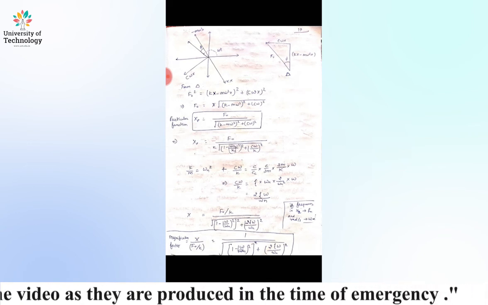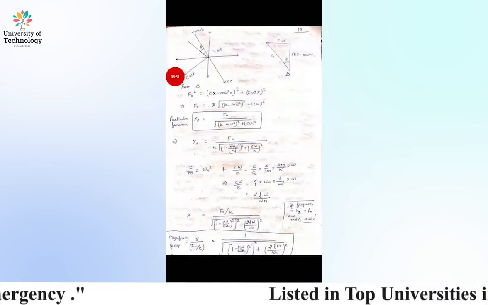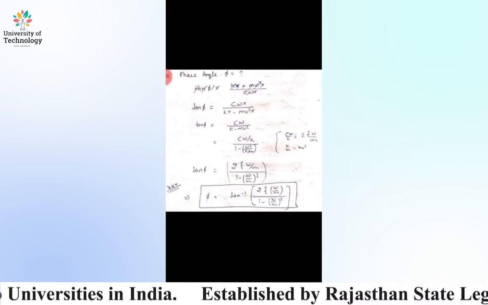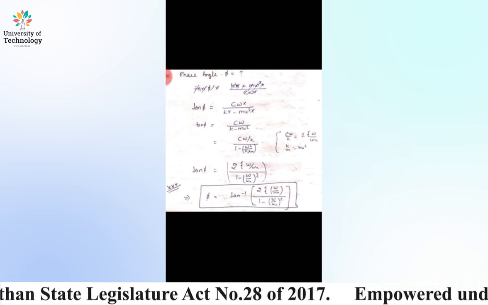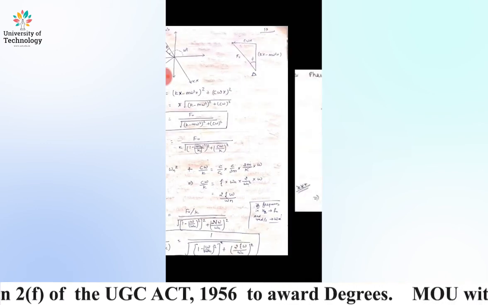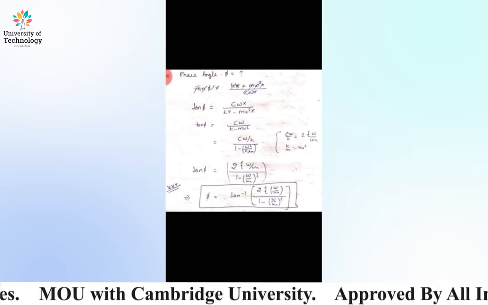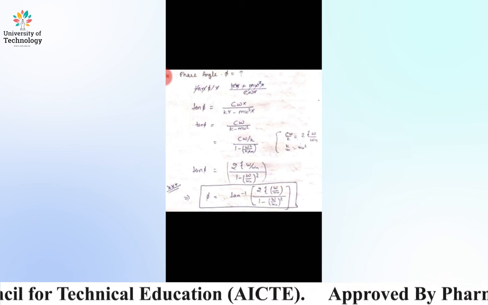Now we find out the phase angle, that is given by phi. We know that from the triangle, tan phi is equal to, you can see in the diagram, c omega X divided by kX minus m omega square X, that is tan phi is equal to c omega upon k minus m omega square.